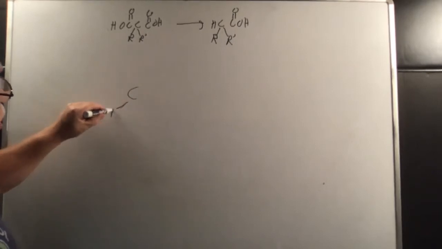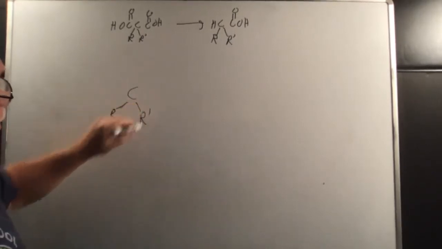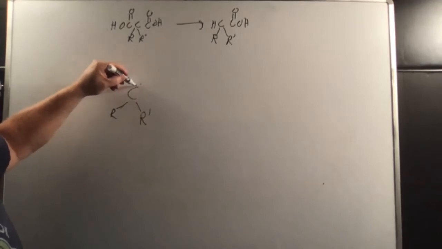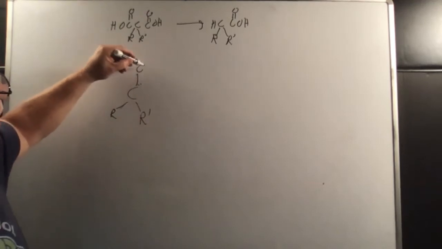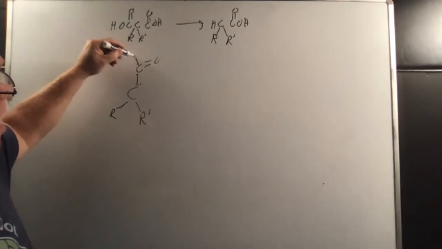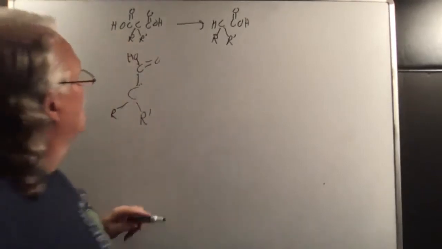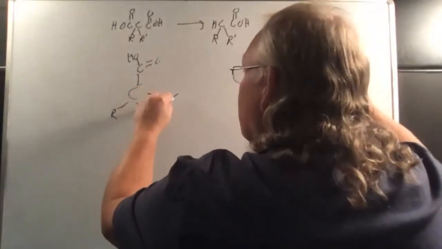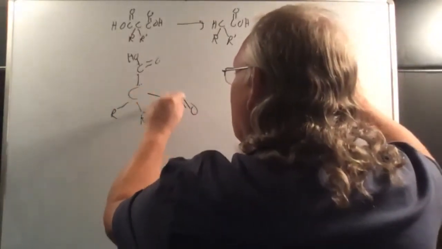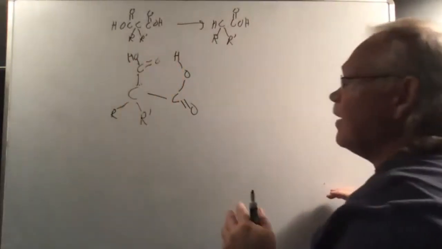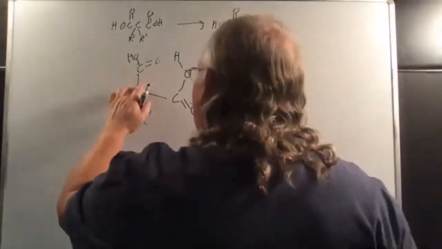There are my two R groups attached to that carbon. Off of this carbon, I have a C double bond O, OH. Now notice on the other side, I also have a C double bond O, OH. Now notice how I've written that structure.